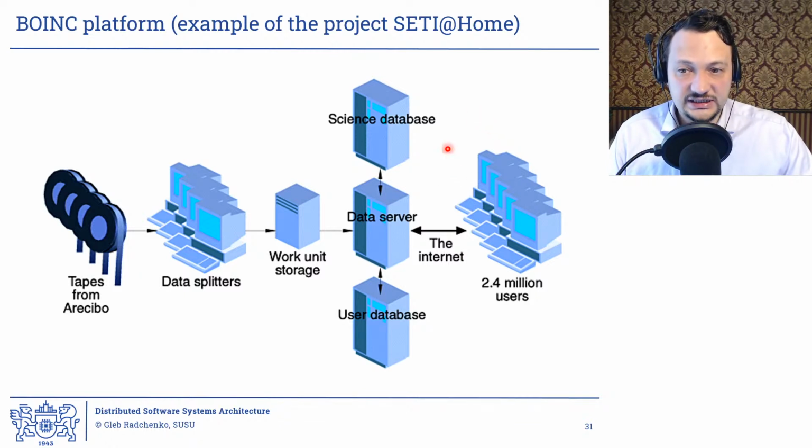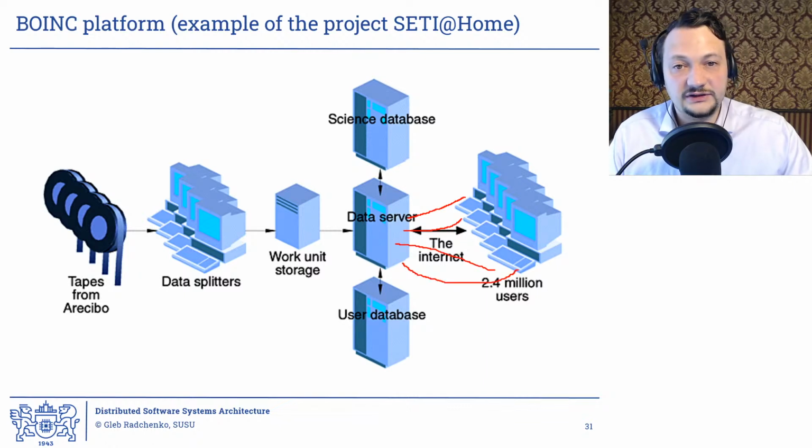Instead, in this case, they all communicate only with the server. They get the data from the server, they send the data processing back to the server. So in reality, this is not a peer-to-peer system. This is just a very highly scalable and decentralized computational platform. But this is truly client-server technology.